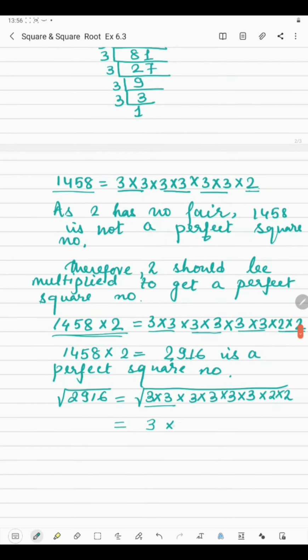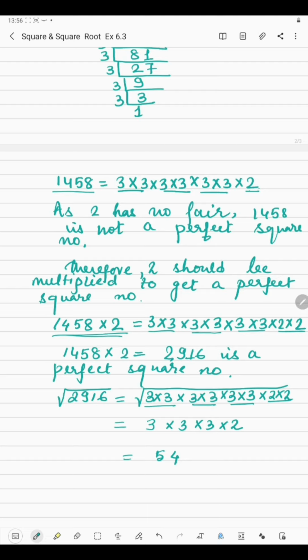So 3 multiplied by 3 multiplied by 3 multiplied by 2. If you multiply this, then we'll get the square root of 2916. Okay, so 3 3s are 9, 9 3s are 27, 27 2s are 54. So the square root of 2916 is 54.